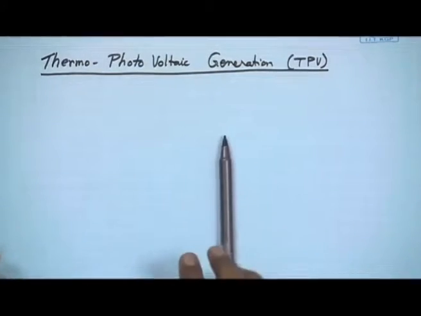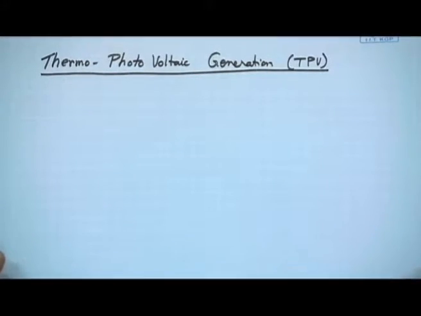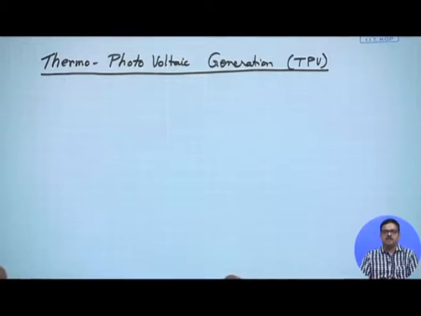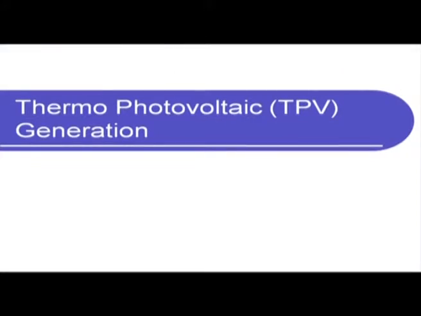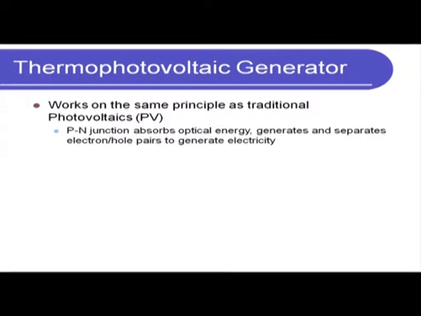So, this one, we are not going to get too much into physics or mathematics. We are going to limit ourselves only to how this functions, what are the components and so on. Okay. So, what is a thermophotovoltaic? Let us look into this. As the word photovoltaic suggests, it works on the same principle as a traditional photovoltaic cell.